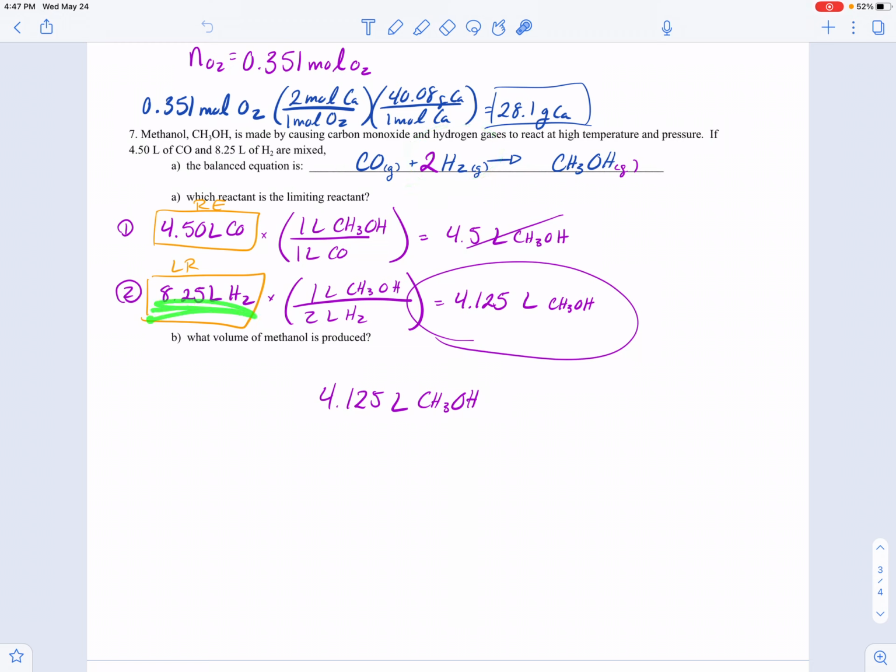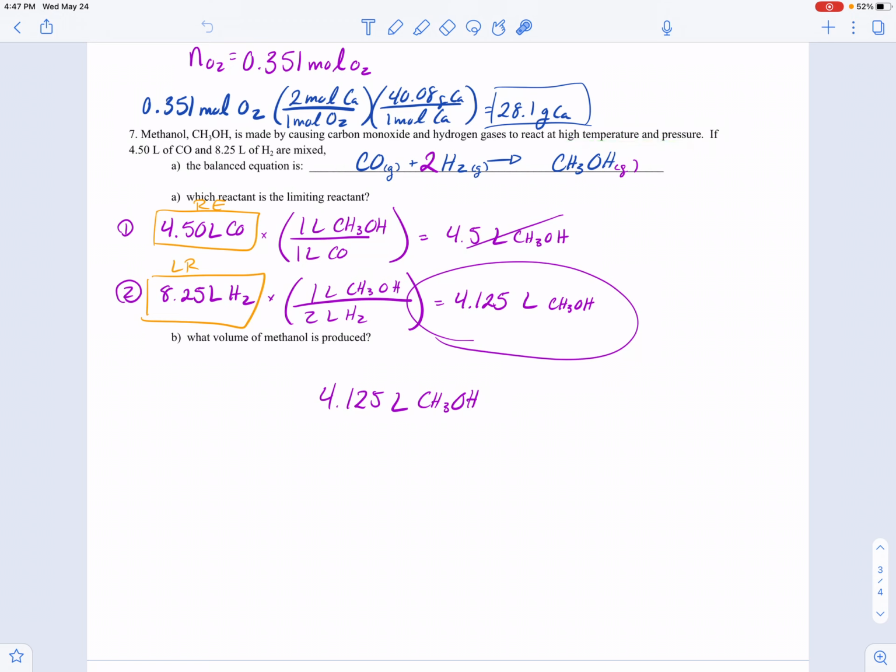I start with 8.25 liters of hydrogen gas, but in this case, it's a 1-to-2 ratio. So every 1 mole of methanol requires 2 moles of hydrogen gas in order to produce it. So 1 liter of methanol would also require 2 liters of hydrogen gas in order to produce it. So again, if your temperature and pressure aren't changing, your mole to mole ratio can also be in liters.